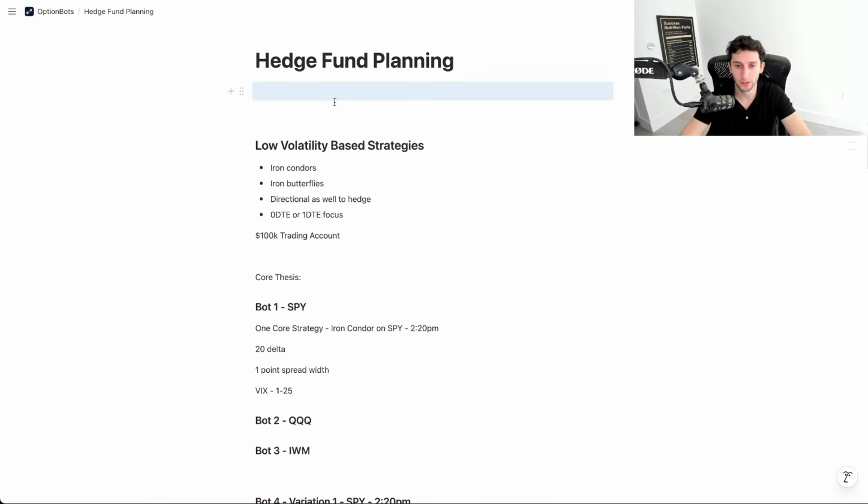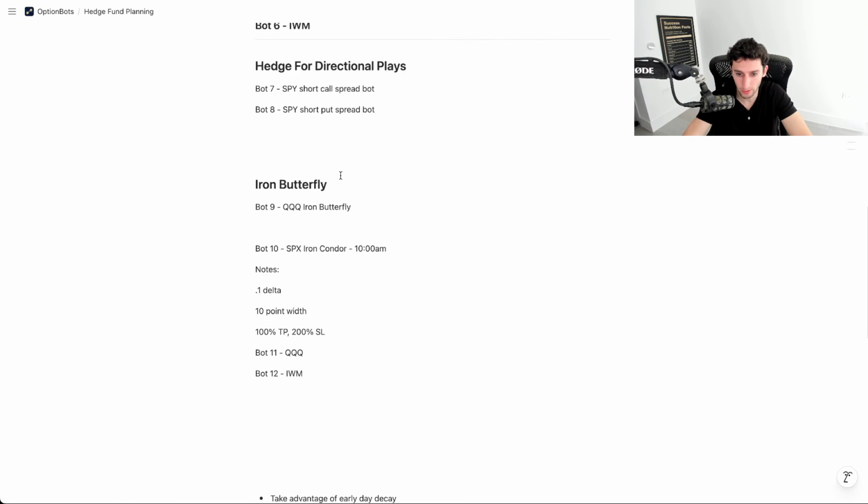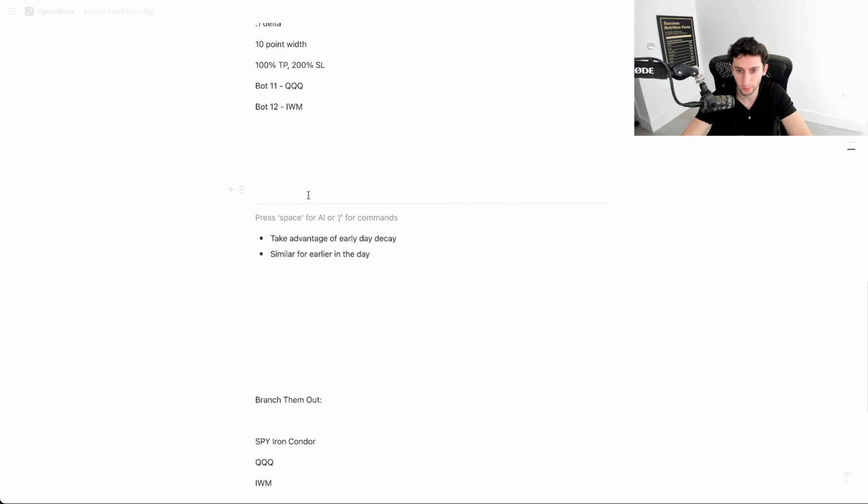All we need to do is plan out risk management. So we want to plan risk management across 100K. And then what we want to do is essentially build them in the platform and turn them live. Now for risk management, if we have 12 different bots, let me go down here and make some notes.